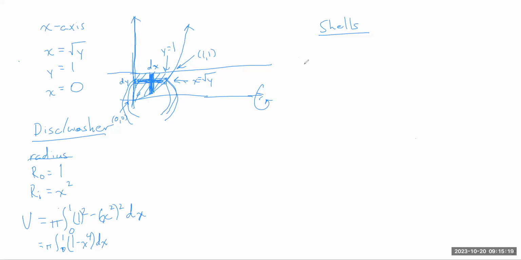So if I'm going to find the volume of these shells and add those all up, how do I set that up? Or what things do I need to know? I need to know the radius. And we already said it's going to be in terms of y. So radius in terms of y, height in terms of y. What is the radius going to be of these shells that I made?